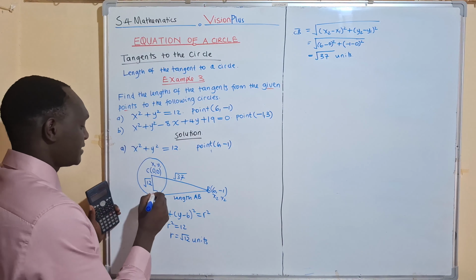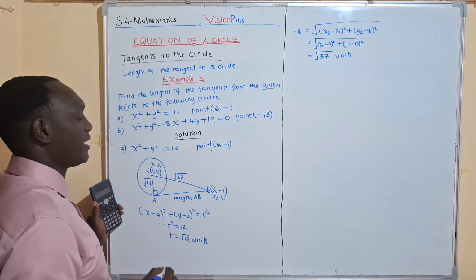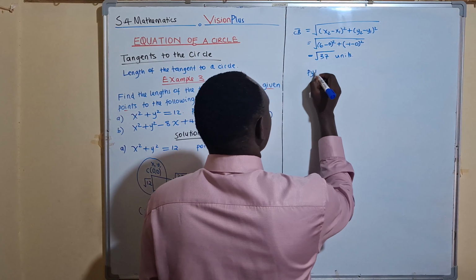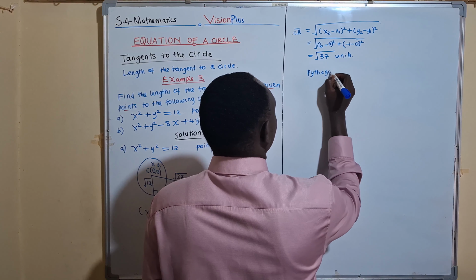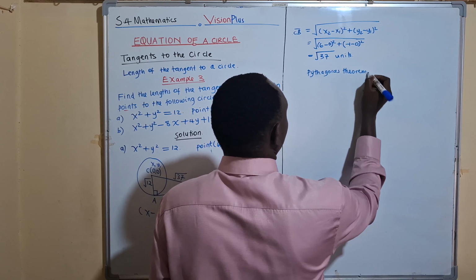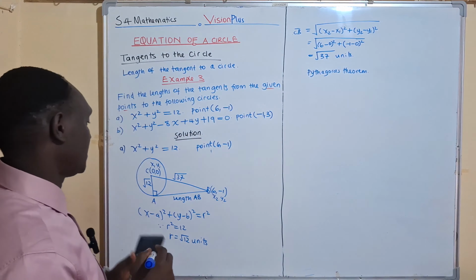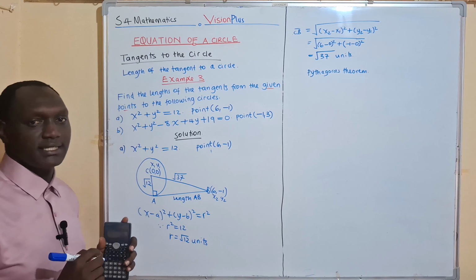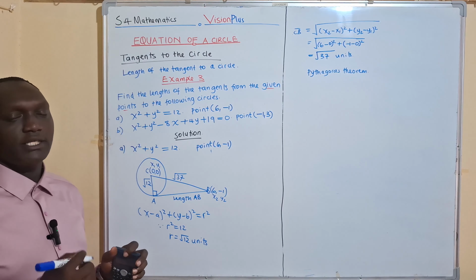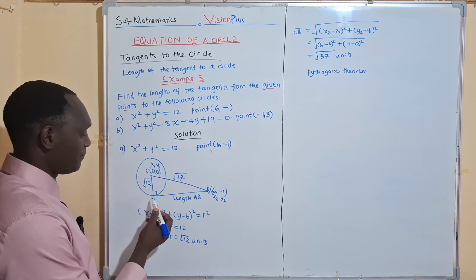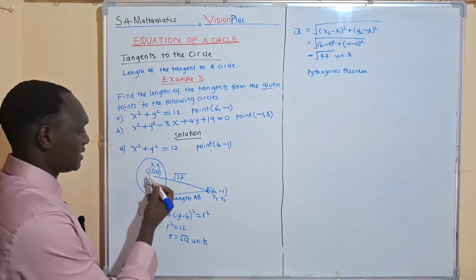Now, since it is a right angle triangle, we can apply Pythagoras theorem, which states that the sum of the squares of the two shorter sides equals the square of the longer side. The two shorter sides are AB and AC.